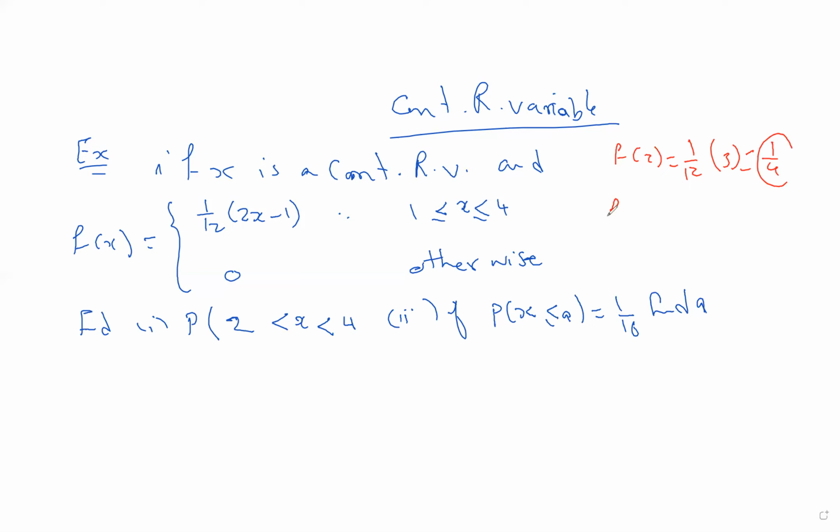And f of 4 equals 1 over 12 times 2 times 4, 8 minus 1 is 7. It will be 7 over 12. And f of 3 will be 1 over 12 times 2 times 3, 6 minus 1 is 5. It will be 5 over 12. So we have 3 values, and we can graph this one.